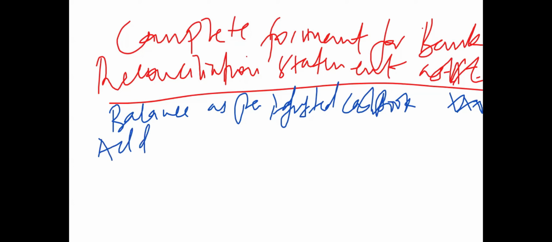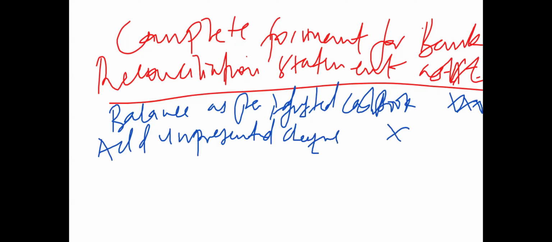Of course, we add back unpresented checks. I said if there are many, you add them up. But let me assume it is just one value. Then we are supposed to add wrong credits.